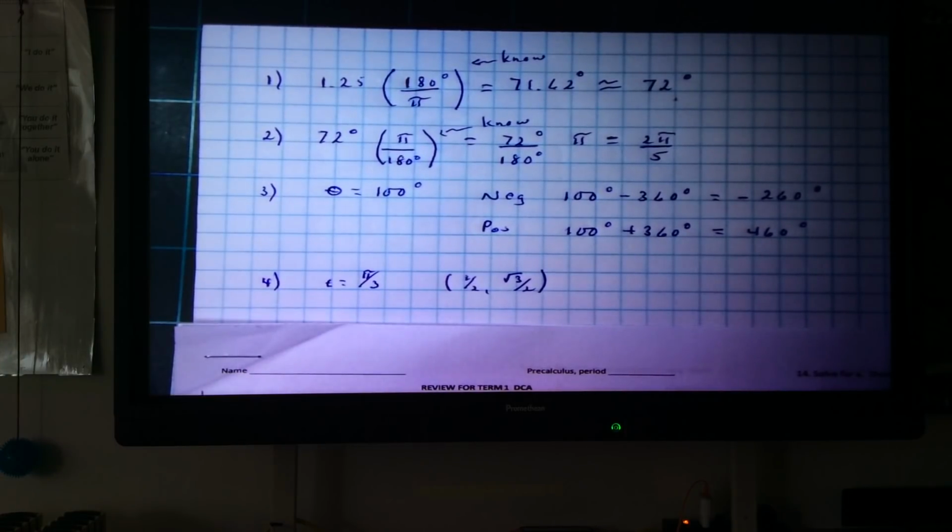That's 1/2? Yes. But check this on the unit circle. Find pi over 3 or 60 degrees and see what those coordinates are. Okay? Everyone good?